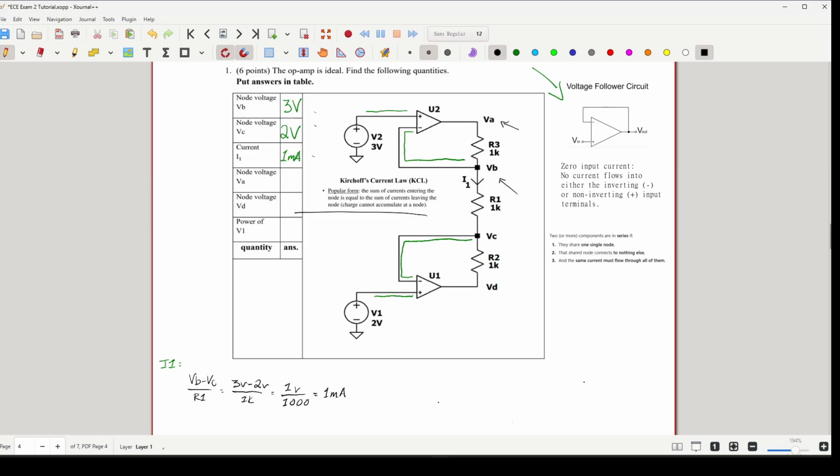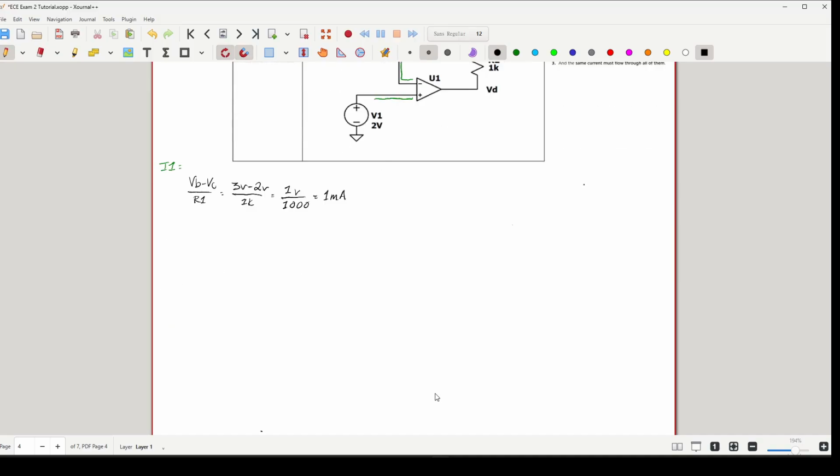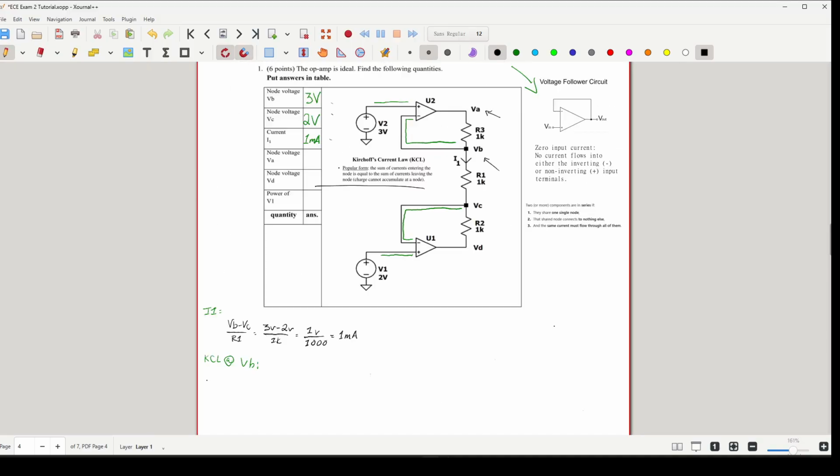I'm going to show you how this looks, and then I'll explain why it works. The KCL equation at VB looks like this. We're going to have VA minus VB over 1K set equal to VB minus VC over 1K.